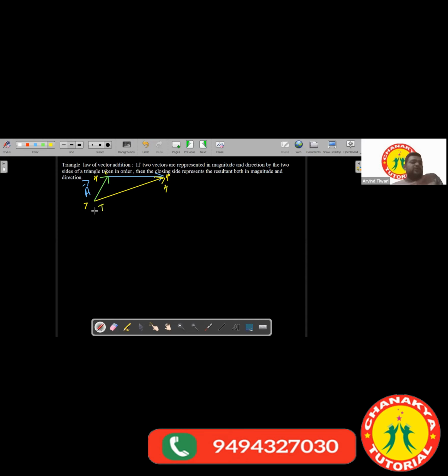If you move in cyclic order, it goes tail, head, tail, head, then again it would be tail, head. So for the last one you have to reverse the order: head, tail. Then only it represents the resultant taken in opposite order.